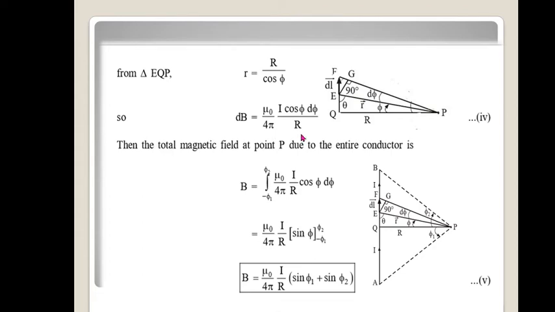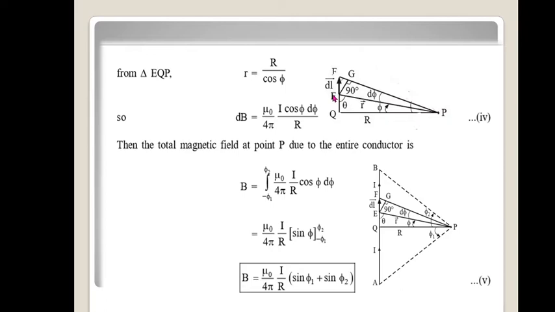But here, did I consider the whole conductor, or only a small element of that conductor? Simply I considered only a small element, dL.